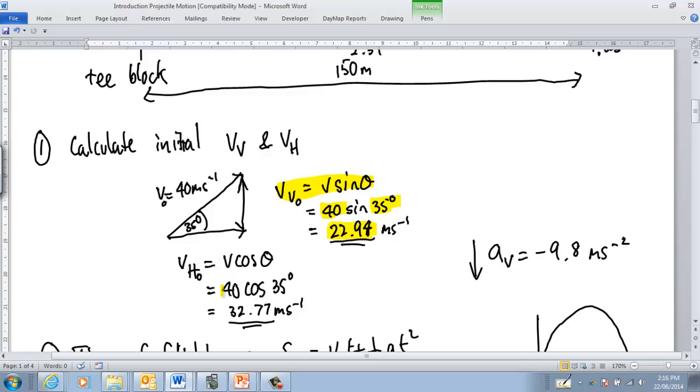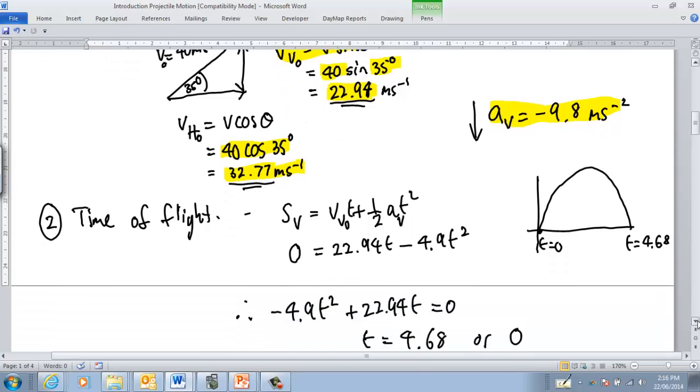To work out the horizontal component, that's our formula, 40 cosine 35, 32.77 meters per second. Keeping in mind that gravity is always going downwards at 9.8, that's our A that we're using in this formula.